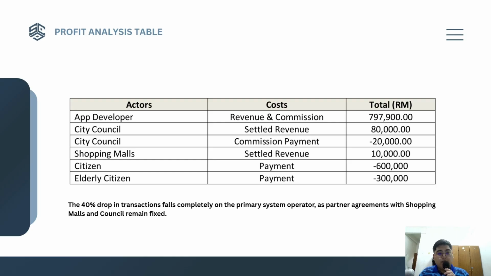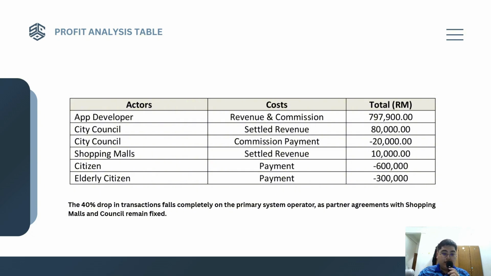So this is the profit analysis table. As we can see, the app developer revenue and commissions are lower than in scenario 1; in scenario 2 we have 797,900 ringgit. The city council settled revenue and commission payment are fixed, since the revenue deficit does not affect the city council and shopping mall.